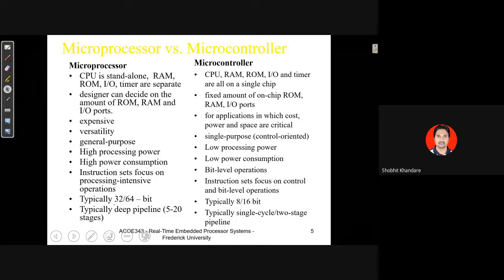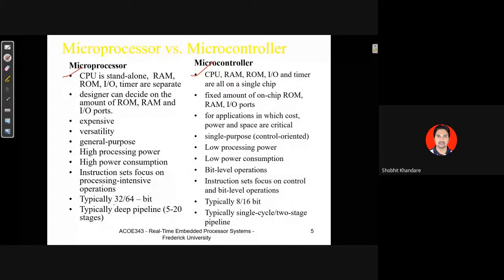So these are the differences. I want everyone to go through this. Okay. सबसे important difference पहला वाला point है. A CPU is standalone. RAM, ROM, IO, timer are separate. Microcontroller में क्या है? CPU, RAM, ROM, IO and timer are all on a single chip.